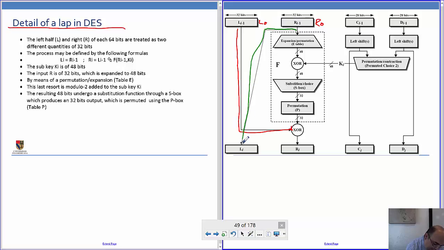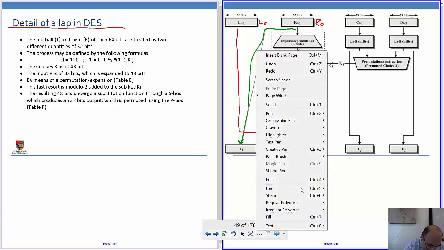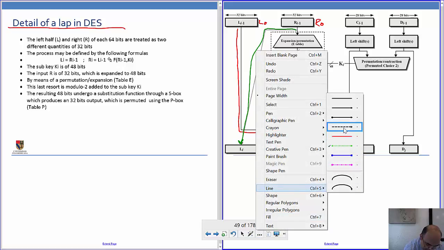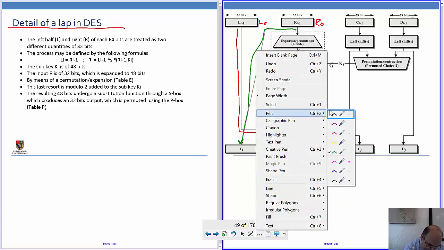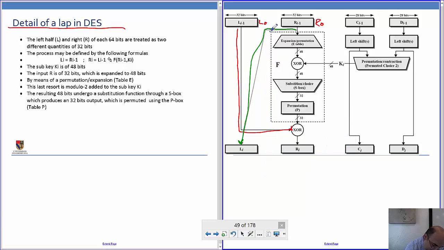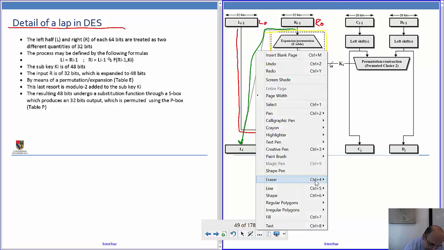This right side will be the left one. Nothing done. Just swap it. And the fun thing happens inside. Here. Let me use yellow pen. Here is the fun part. Okay? Remember, this was our dividing line.